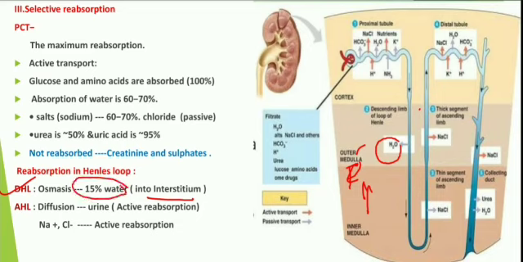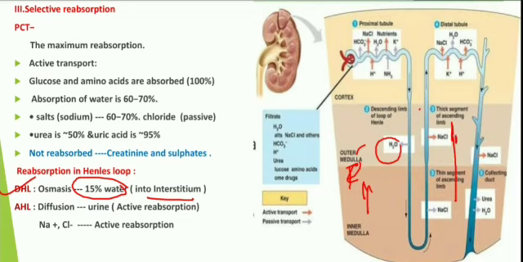And next, the descending loop runs towards the cortex region, and this is known as the ascending Henle's loop. And this ascending limb has its own unique property.